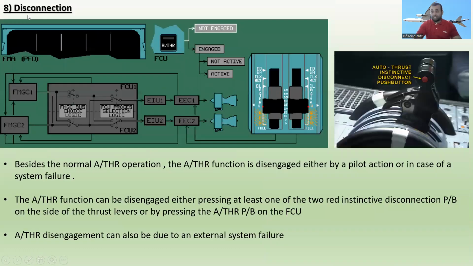So now the disconnection. Besides the normal autothrust operation, the autothrust function is disengaged either by pilot action or in case of a system failure. It can be disengaged by pressing at least one of the two red instinctive disconnect pushbuttons on the side of the thrust levers, or by pressing the autothrust pushbutton on the flight control unit.